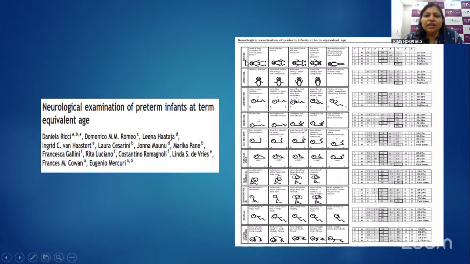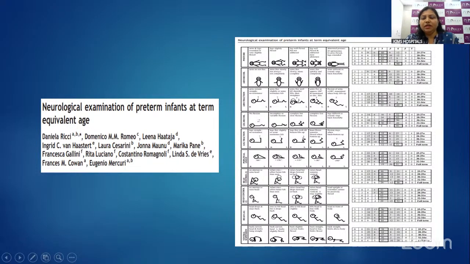The extreme right and the extreme left in these pictures are something which we don't want; they tell us the child has either very high tone or very low tone. The middle three are acceptable.